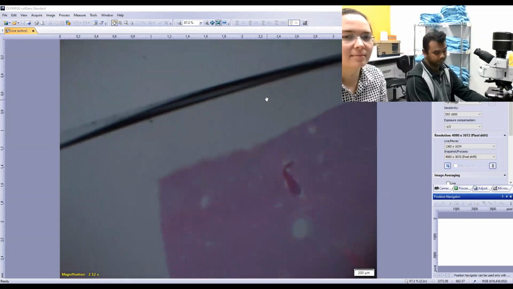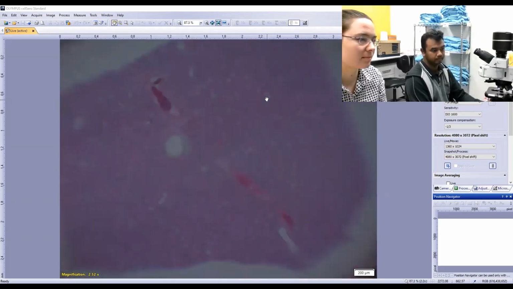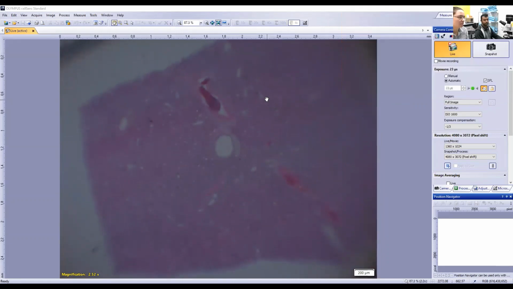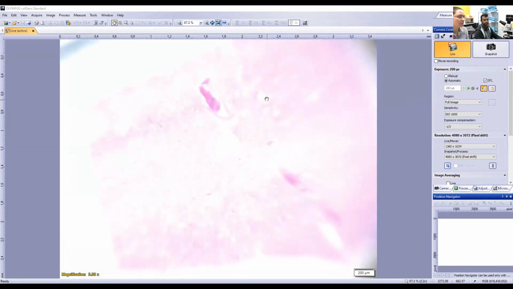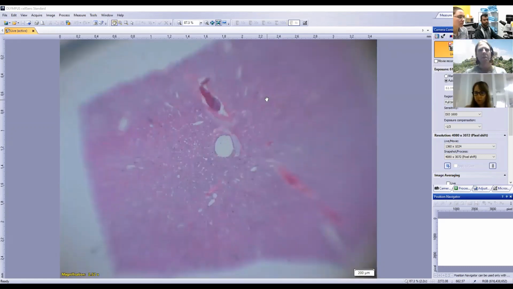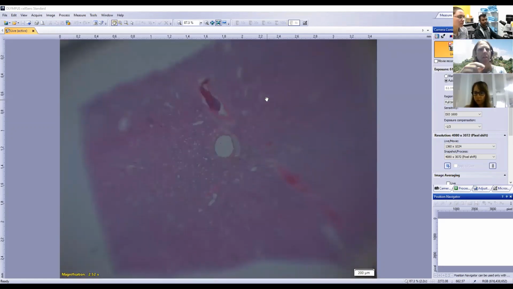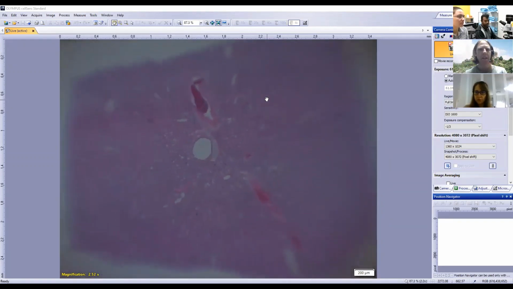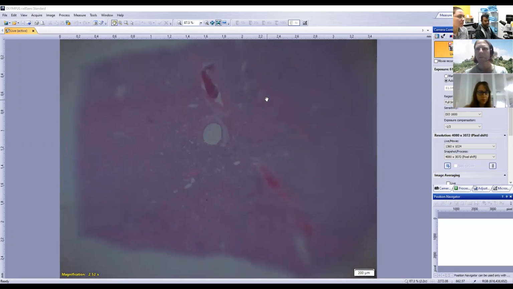So you can see there's no slide on the stage. What we're doing is we've got the slides sitting on the light source, and then we drop the whole stage down so that the condenser brings the overview into focus, so we can get an idea of overall tissue architecture.